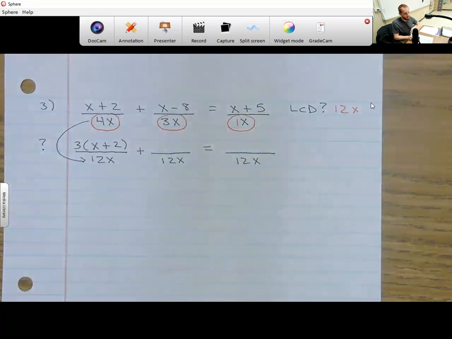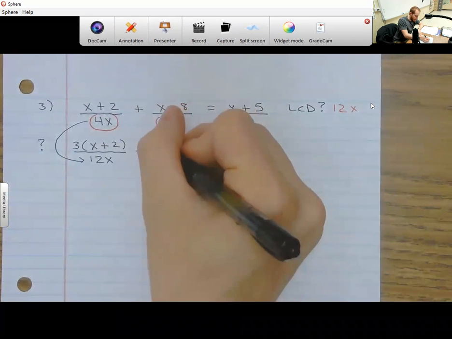Okay. Let's look at the next fraction and see how that changes. How do I get from a 3x to being a 12x? What did I have to multiply by there? Well, I had to multiply by a 4, right? So I'm going to multiply the top by a 4.